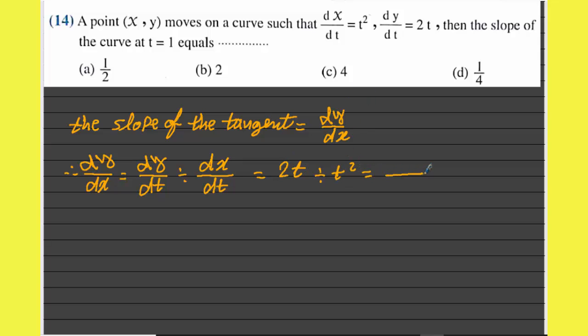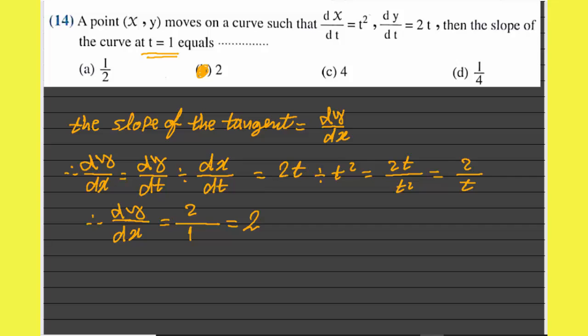So the result equals 2t divided by t square equals 2 over t. When t equals 1, substitute t equals 1, then dy/dx, which is the slope of the curve, which equals the slope of the tangent, equals 2 divided by 1, which equals 2. And the answer is letter B.